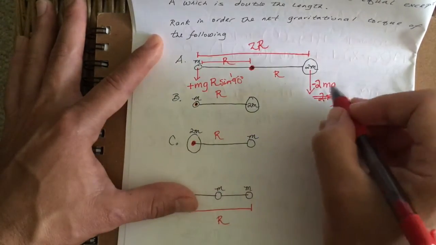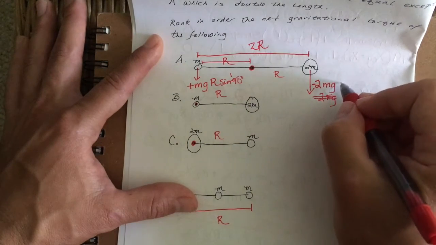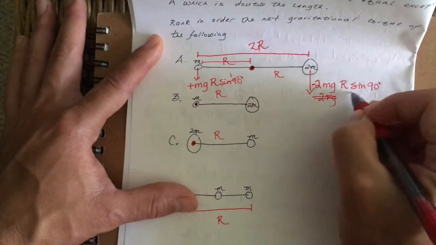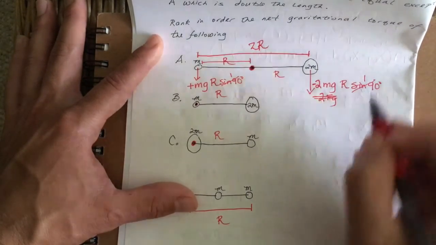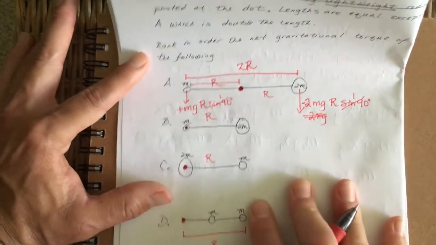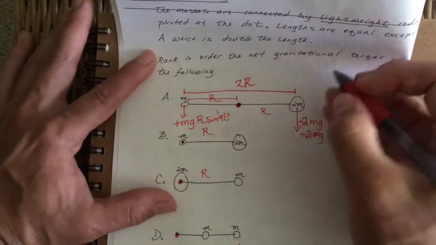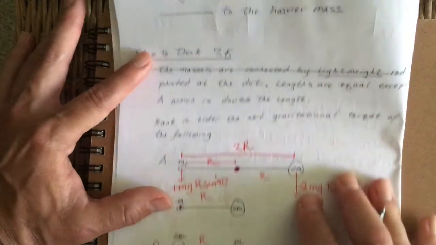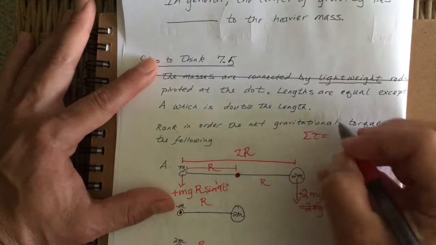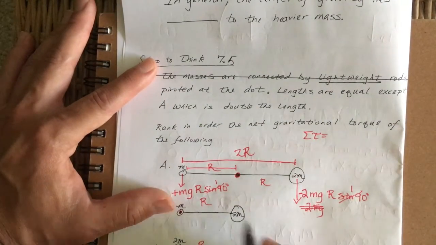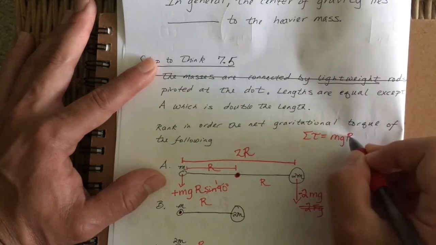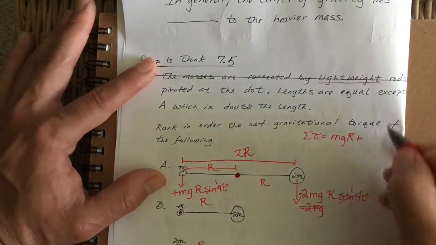And over here it's going to be negative 2mg times r times the sine of 90, which is also equal to 1. So the net torque just for A is equal to the sum of the torques. Sum of the torques is equal to mgr plus negative 2mgr.